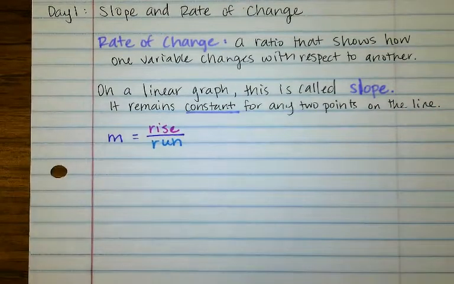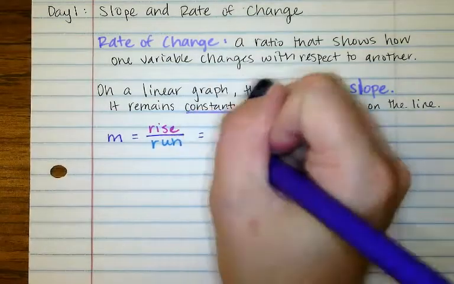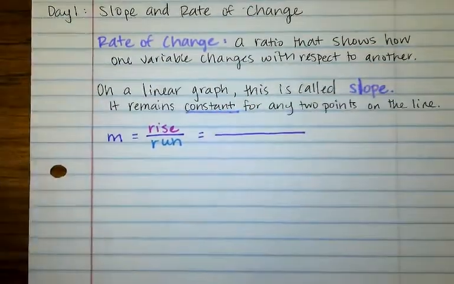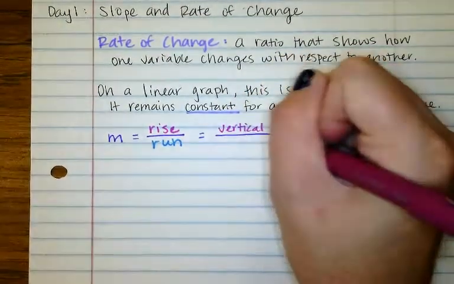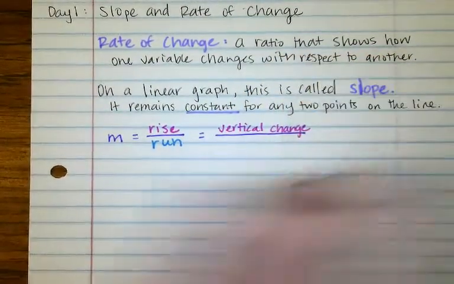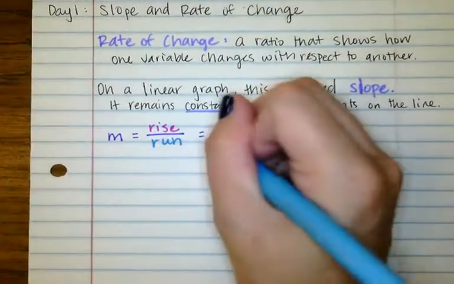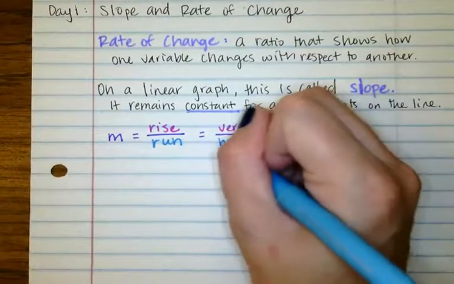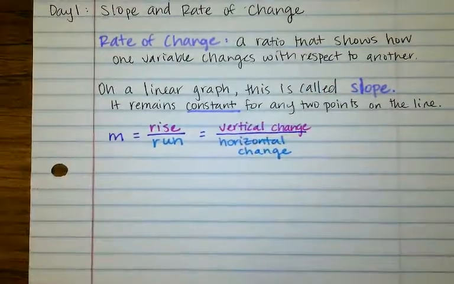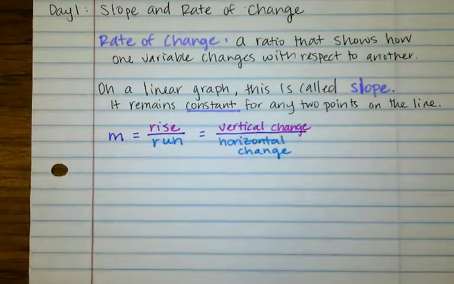All right? And what this means on a graph is this is the vertical change over my horizontal change. Okay? So it's your vertical change over your horizontal change.